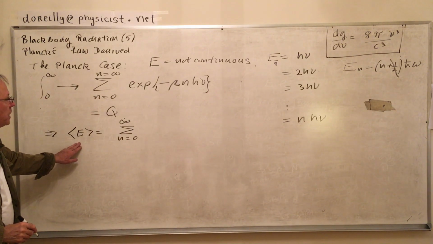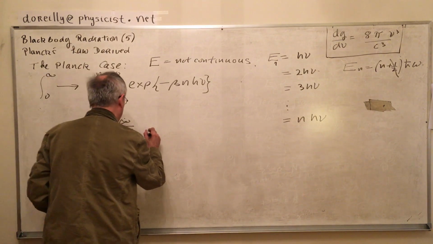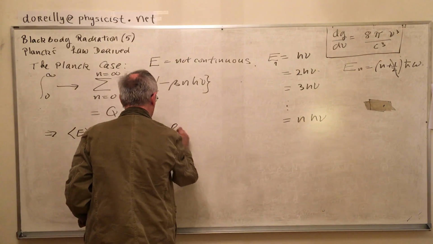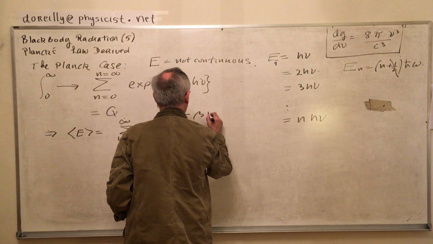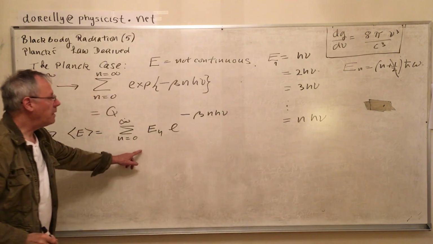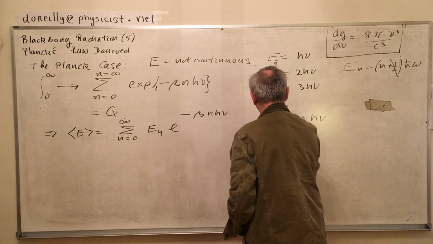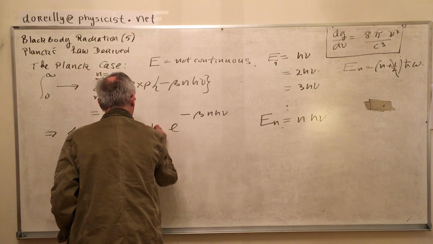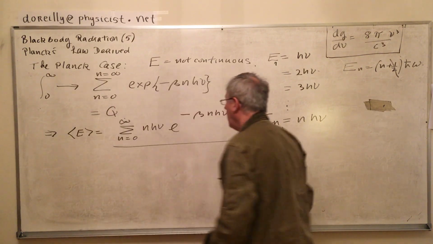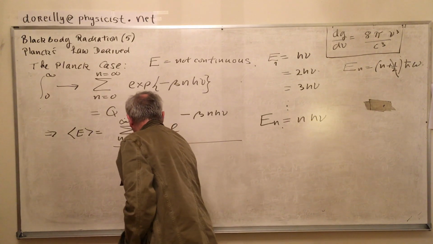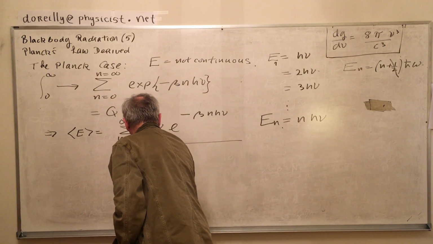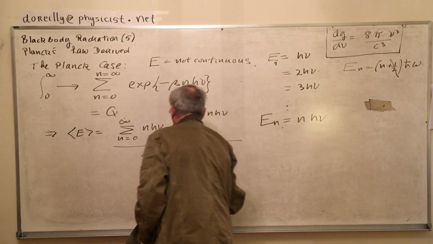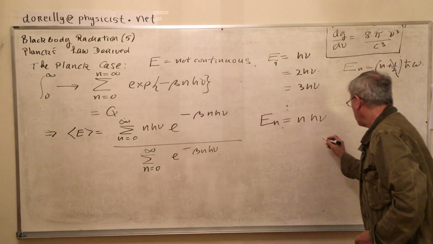Now we find the average energy in the same way as we did before. We put En in here, and the En, of course, is given by this one. So En is going to be n h nu. And we have the same thing down here. And very conveniently, it's actually the same thing.